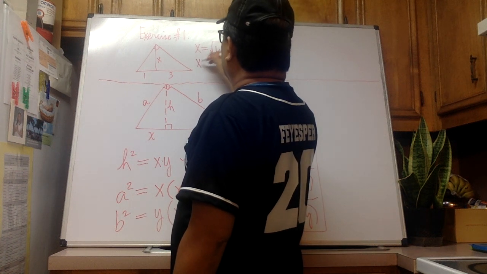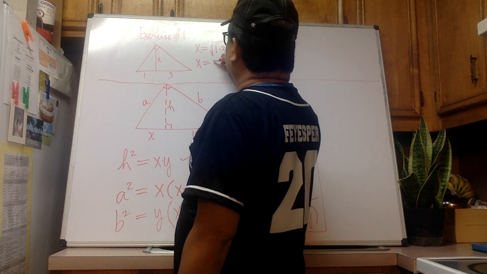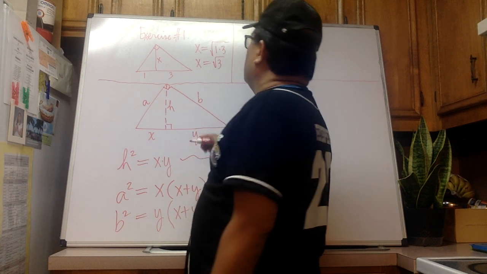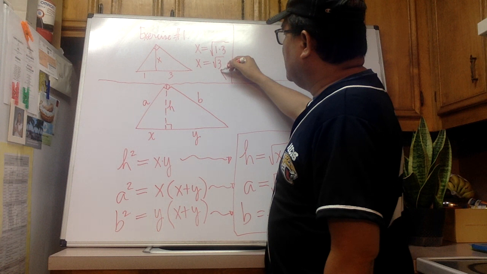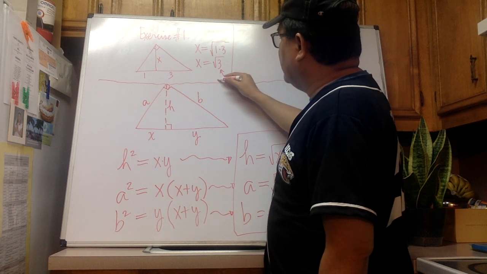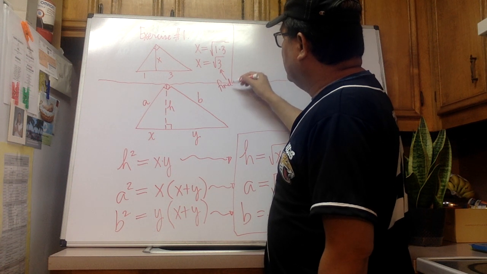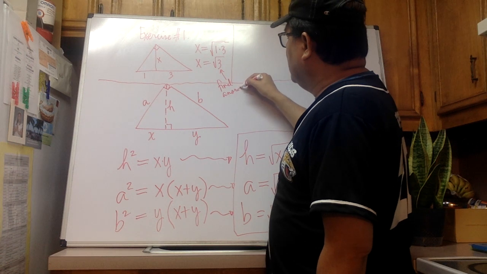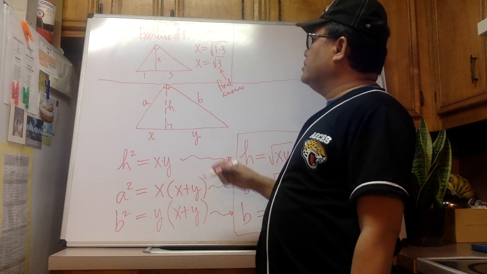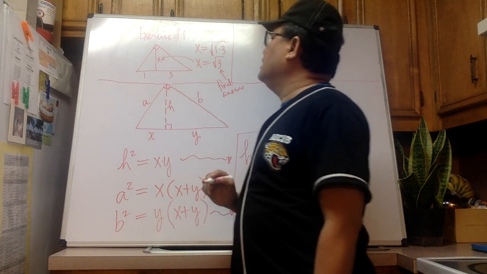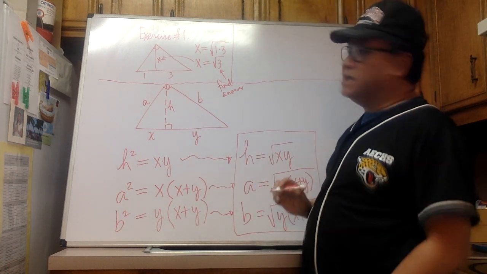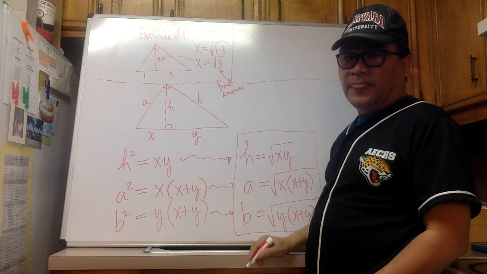What's 1 times 3? 1 times 3 is equal to 3, and you cannot simplify that one anymore. Therefore, the square root of 3 is our final answer. And what does the square root of 3 represent? The measure of that altitude in exercise number 1.